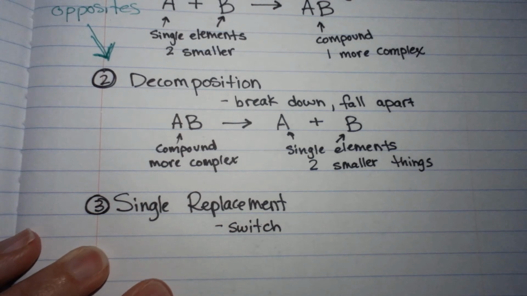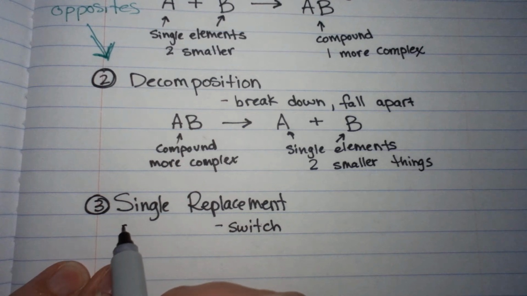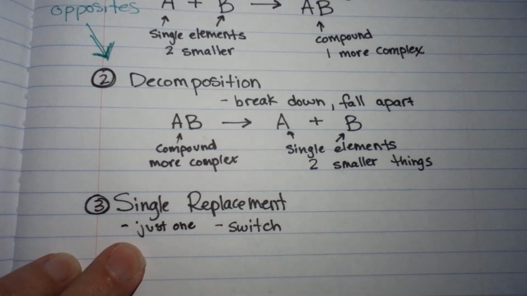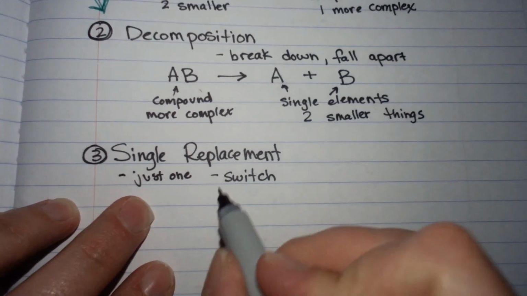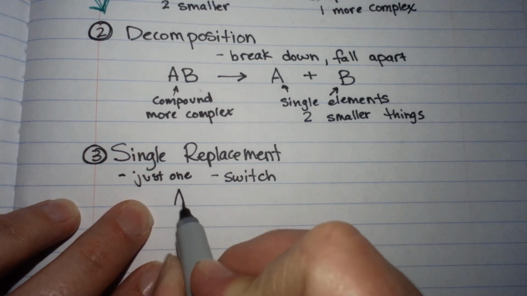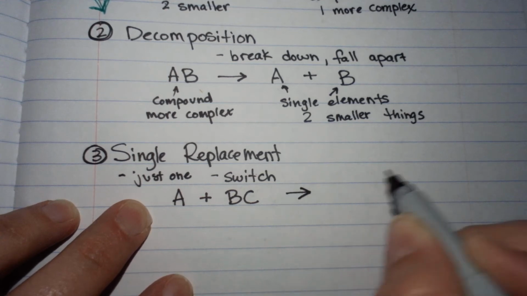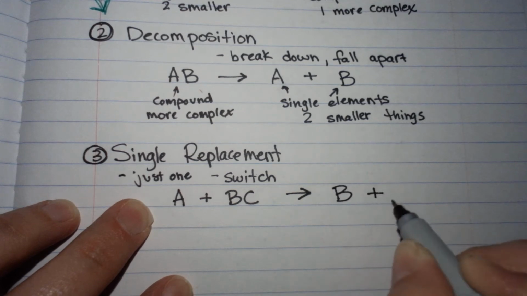Like if you replace your phone, you got a new phone, you put it in its place. What does single mean? Just one, right? So if we look at what you just said, single replacement is just one switches. So in a single replacement reaction, we would have something like A plus BC gives me B plus AC.